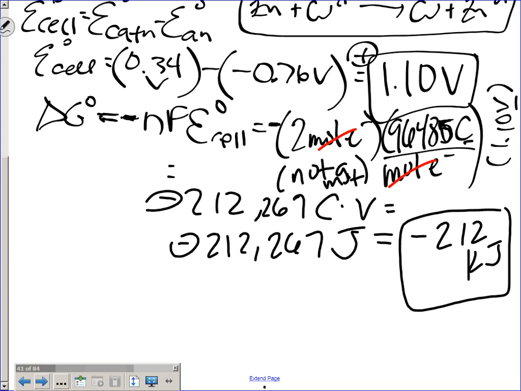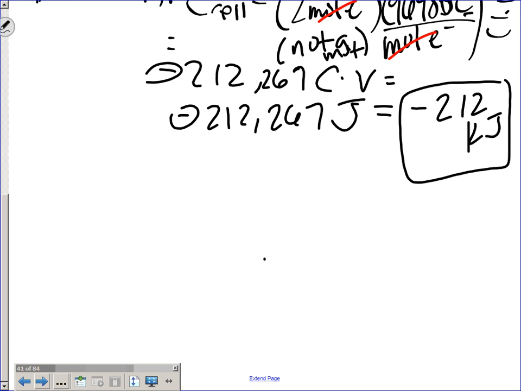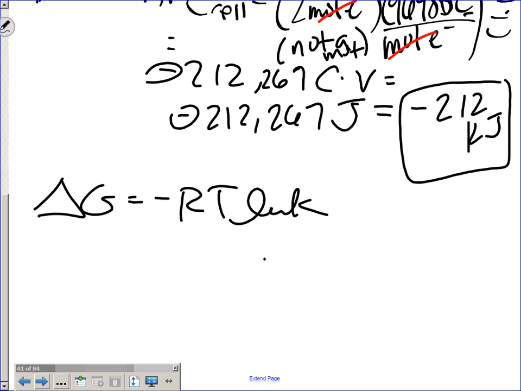If I wanted to calculate the K value from this, what would I do? The equilibrium constant K. What's the equation? Delta G is equal to negative RT ln of K, and I could then plug in.